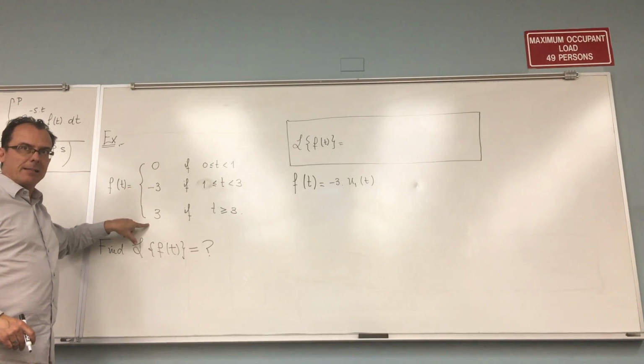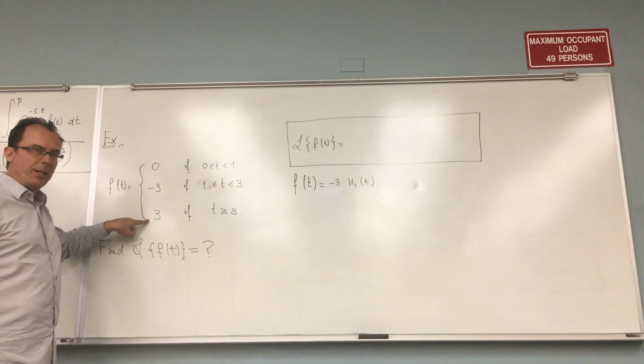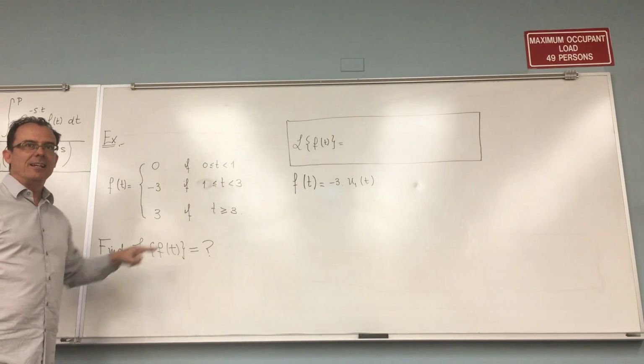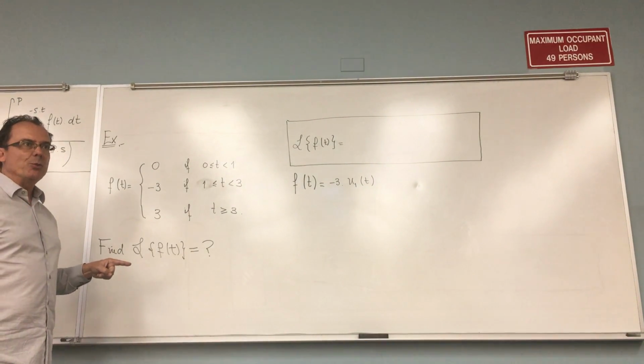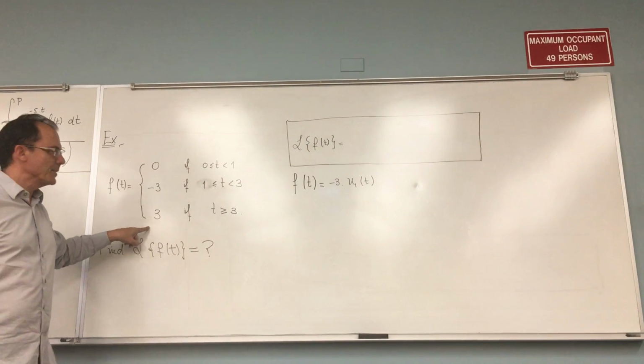The problem would be to make it go from minus 3 to 3 after 3.